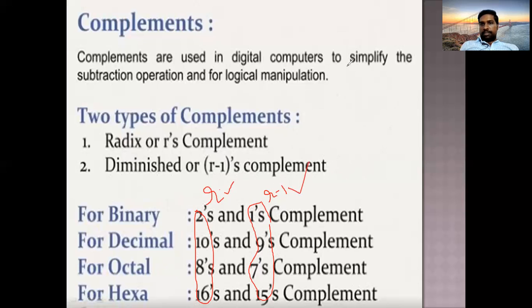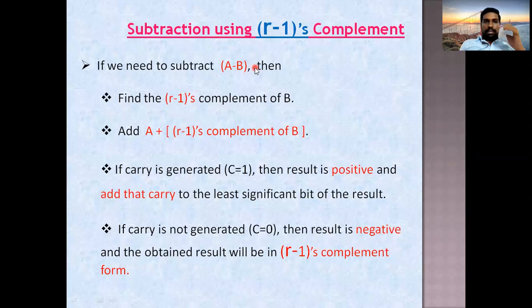Next, see what is the process here. The process is, first you need to know how to perform the two different methods. The first method is performing the subtraction using R minus 1's complement. We have several steps we need to follow. What is the step here?